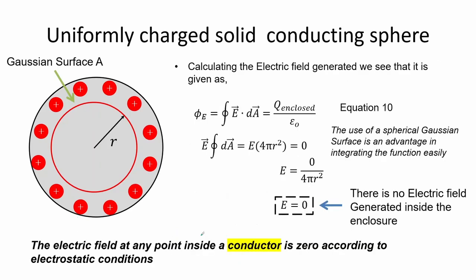The electric field can also be calculated using the Gaussian function. We see that the electric field is also 0, since there is no field generated inside the Gaussian surface. The use of a spherical Gaussian surface is an advantage in integrating the function easily.